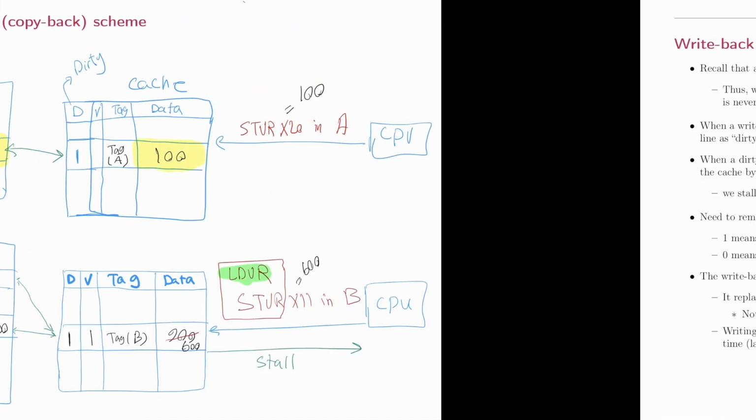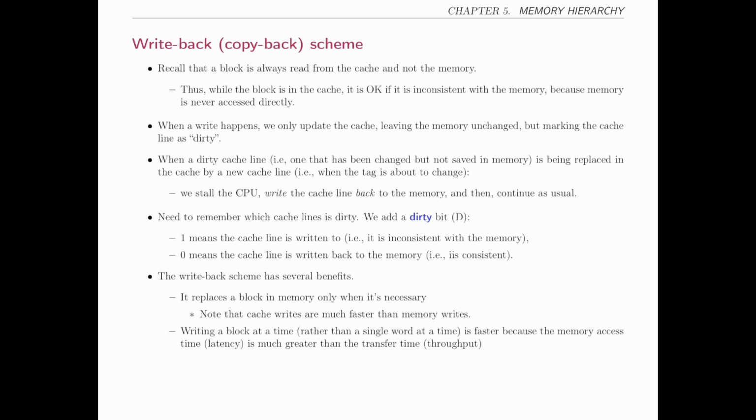So the bottom line is that the dirty bit is either 1 or 0. If it's a 1, it means that the cache line is inconsistent with the memory. If it's a 0, it means that it is consistent with the memory. Everything is fine.